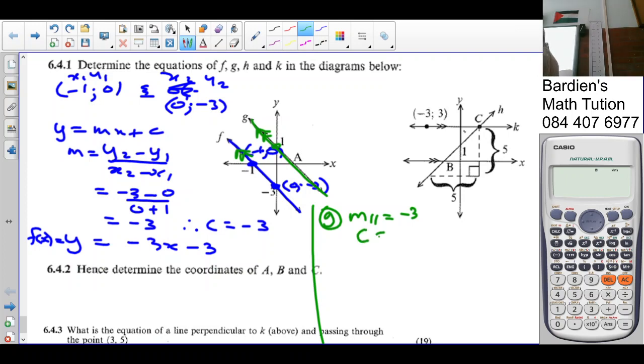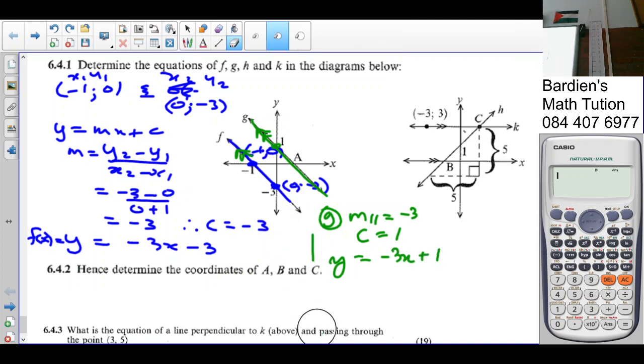So your c value is going to be 1. So y is equal to minus 3x plus 1. Since it's the equation of g of x, I'm going to put g of x equals. People, any confusion here? Any confusion? No. Let's go with the next one.